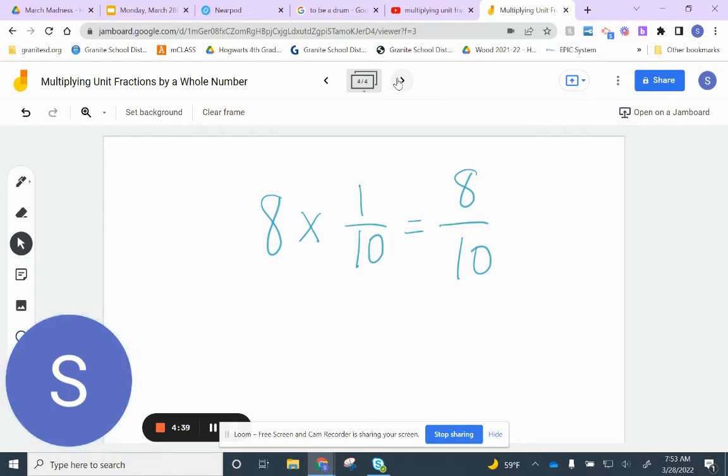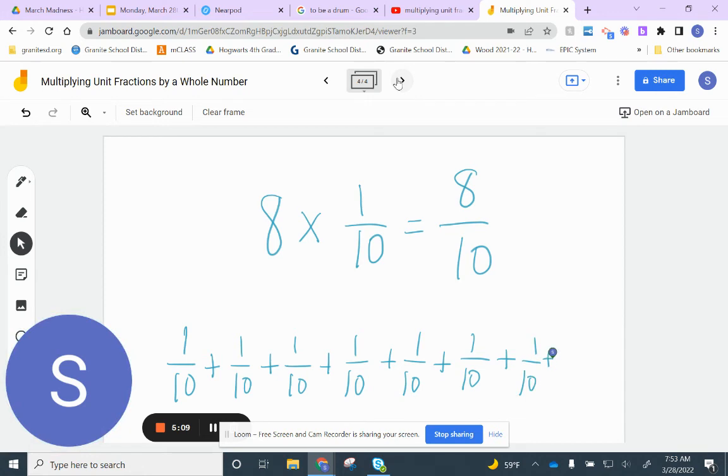Okay? So I'm going to give you one more example of multiplying by unit fractions. Remember, this is kind of a review from what we've already done. Remember that I can show this in addition to prove that I'm correct. So it's like 1/10 plus 1/10 plus 1/10 plus 1/10 plus 1/10 plus 1/10 plus 1/10 plus 1/10.